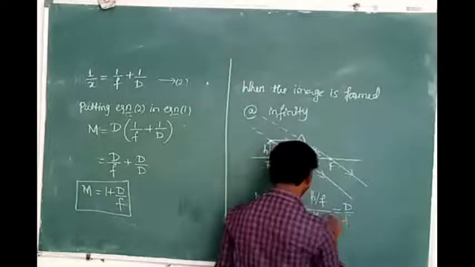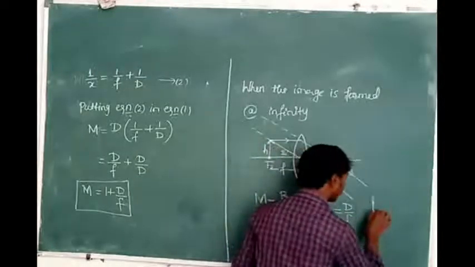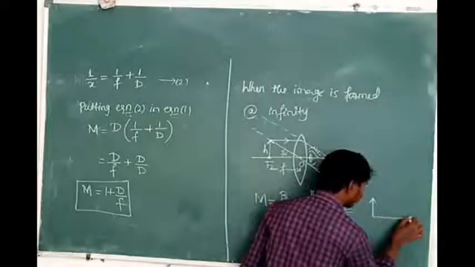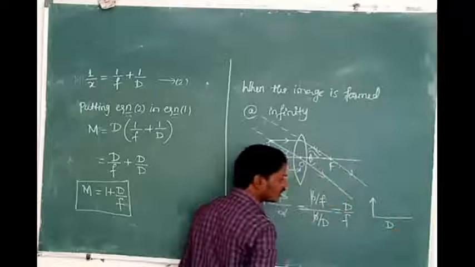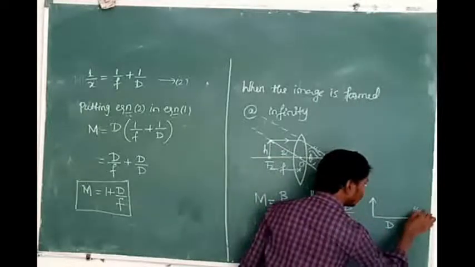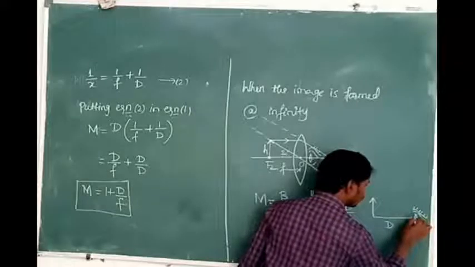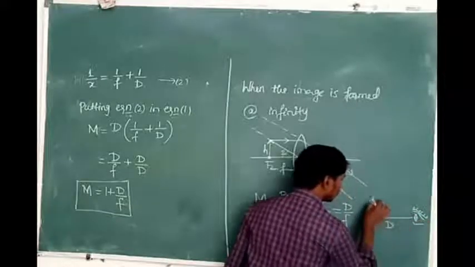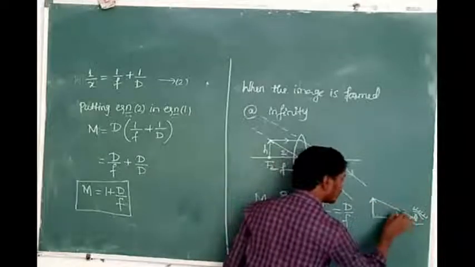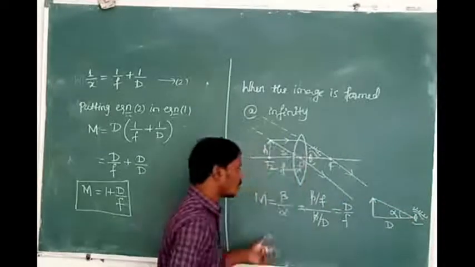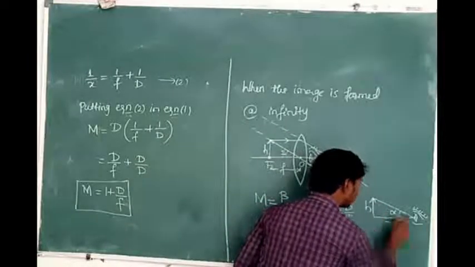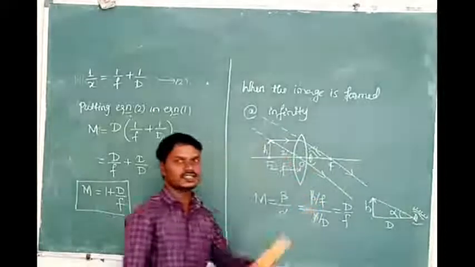So see here the diagram for alpha again. Now let us consider this is an object. This object is placed at the least distance of distinct vision from the eye. Then at this distance, this object can be seen clearly. So what is the angle subtended by this object with respect to the eye? That is alpha, which is equal to opposite side divided by adjacent side, that is h by d.